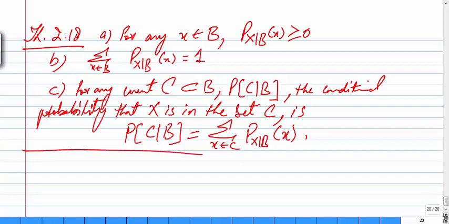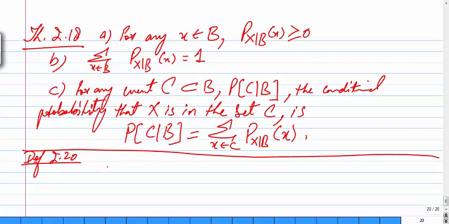Now for conditional probability, we have another definition, Definition 2.20, and it is about conditional expected value.